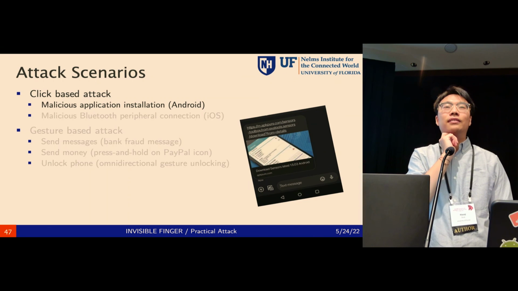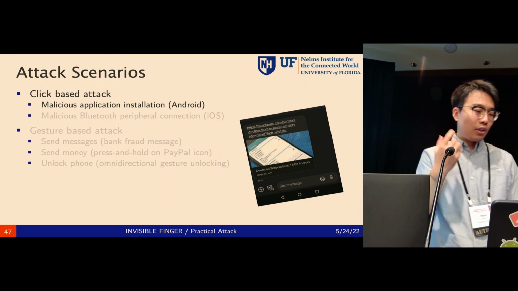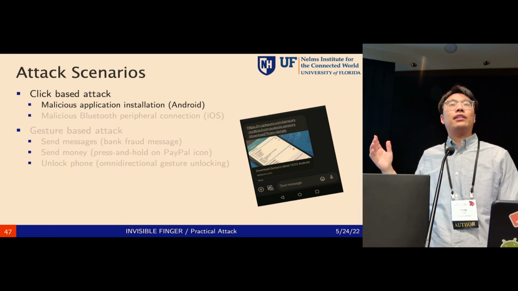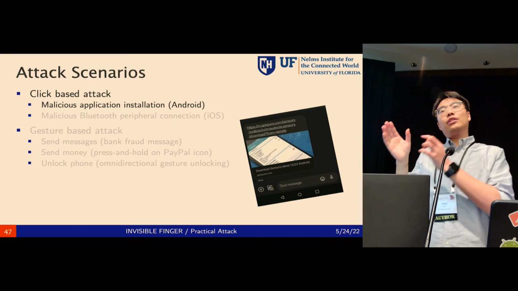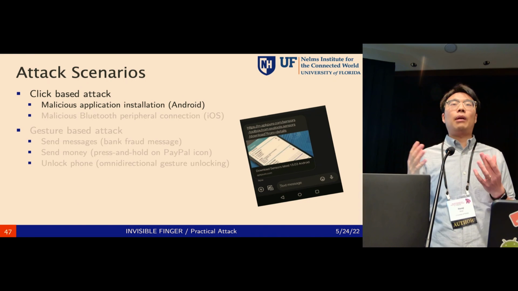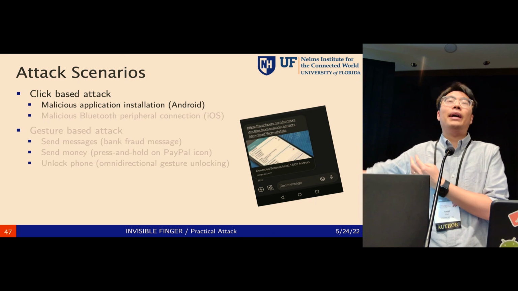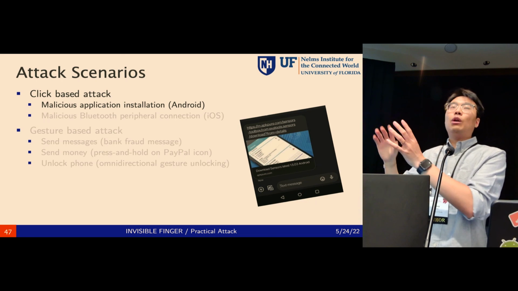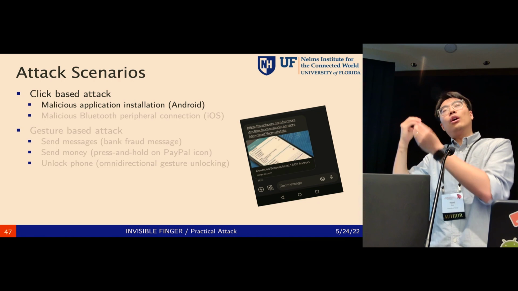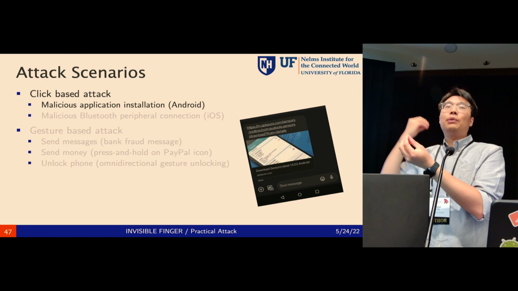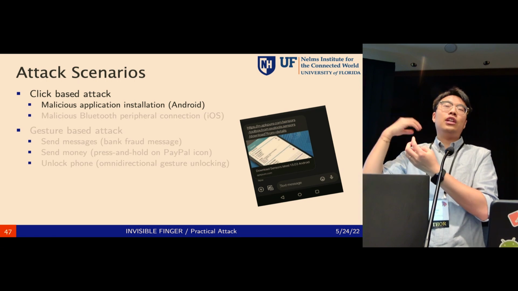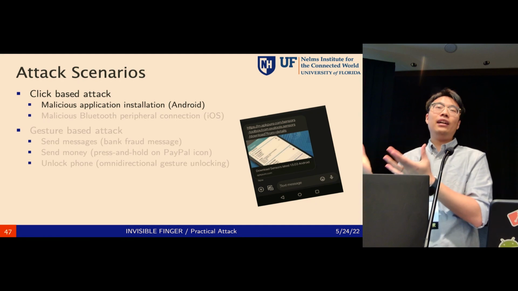For the malicious application installation, our assumption is that we know the target device's phone number, so we can just send a message there. There will be a preview, and we can know where this preview is located, and then we inject the touch event at that precise area.